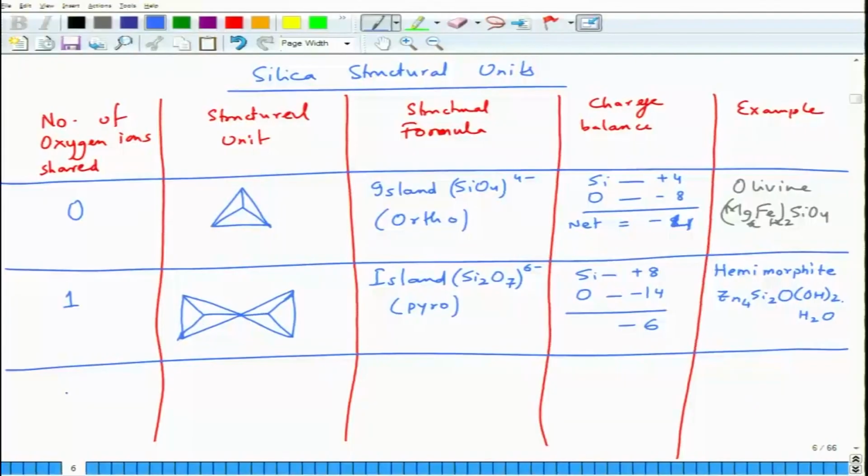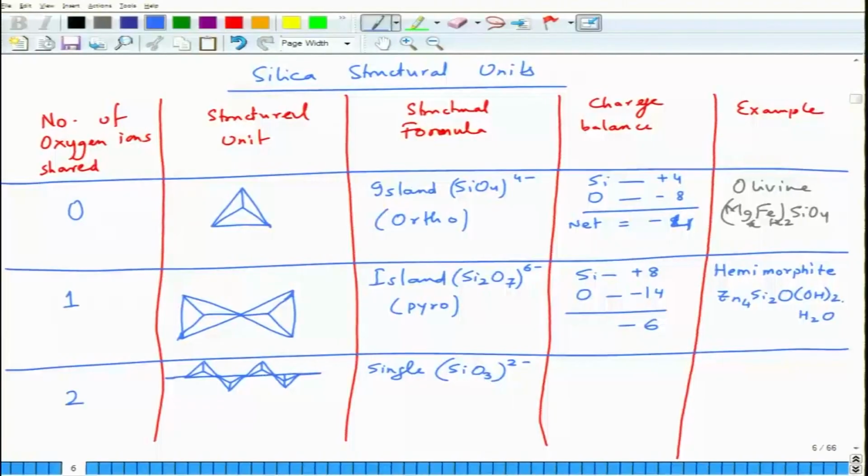The third one is called 2 sharing. In this case what you have is a single layer of SiO3 2 minus. So, basically what you will form here is a chain, so you will have this kind of structure. You can see that you have 2 neighbors only, it has just a chain like structure, no 3D structure.